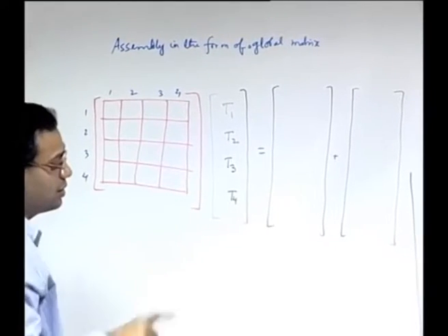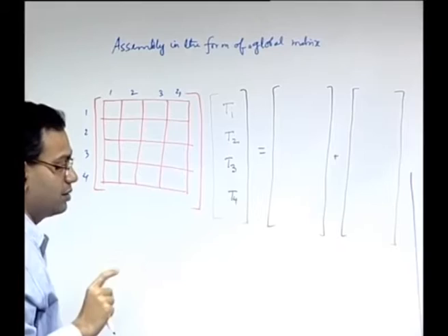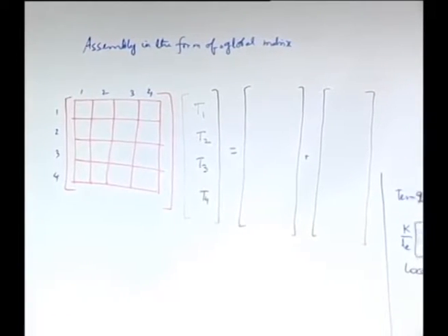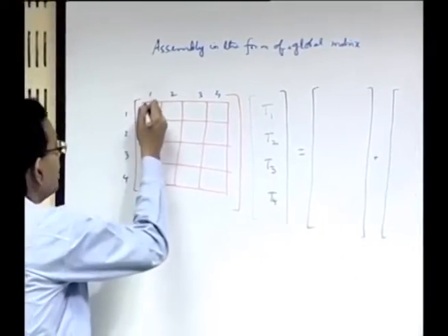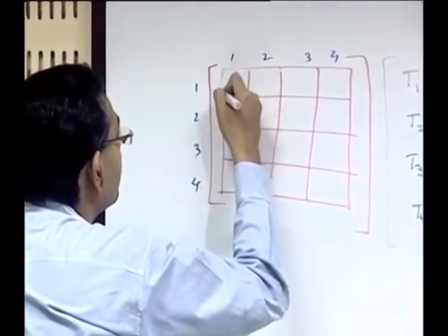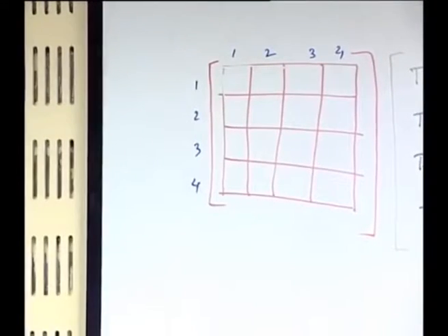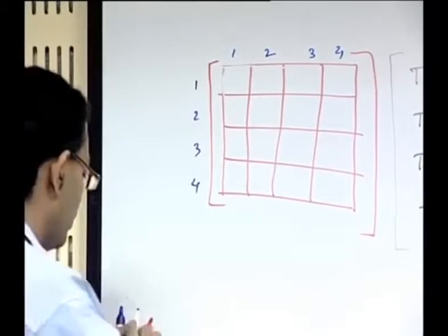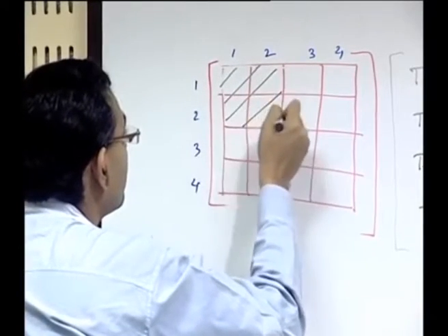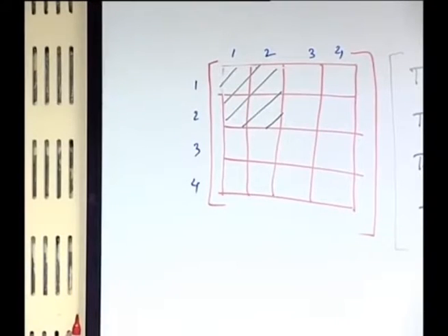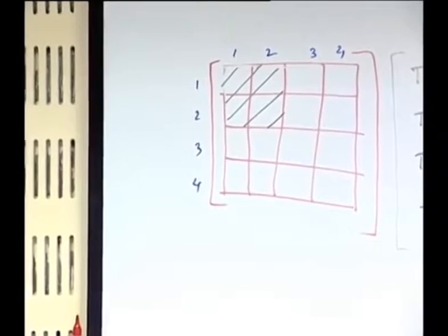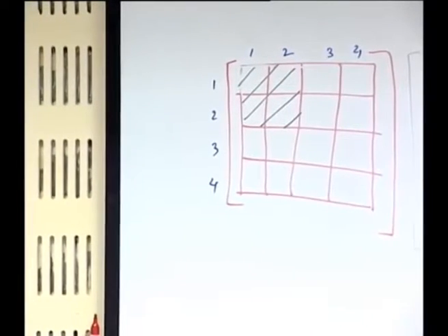First, for the element number 1, what are the node points which are involved with the element number 1? 1 and 2. So, this part of the coefficient matrix will be activated. What will be the corresponding entries?